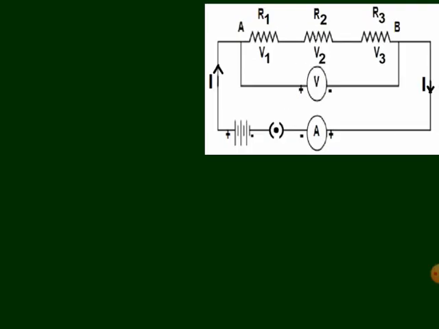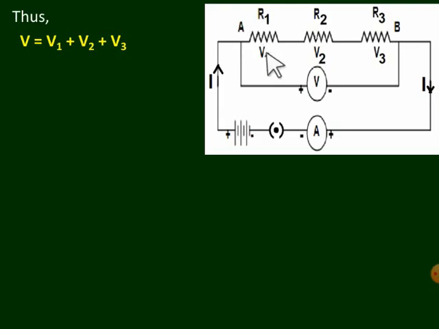Yes, so these are connected in series, R1, R2, R3, as we have done previously. So your total potential difference V will be equal to V1 plus V2 plus V3, as I said. If you try to express V1, then by Ohm's law, V is equal to IR, so V1 will be equal to the current flowing through it, I, times its resistance R1.